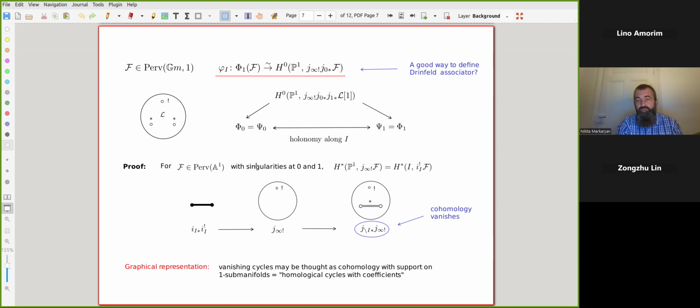How to prove it, and better, how to construct this isomorphism, is the following. It's like shrinking arguments. We consider a standard triangle shaded with this closed interval embedded in our affine line, and we consider cohomology.